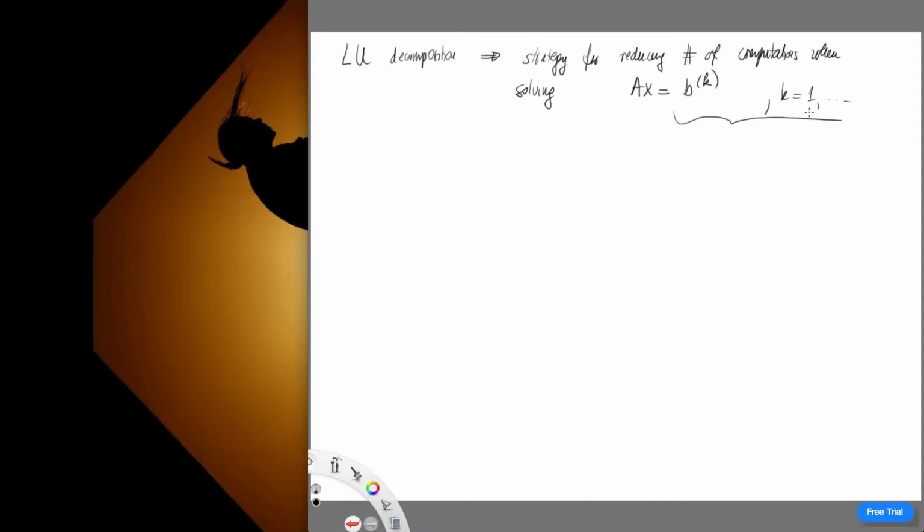So basically, all I am changing here is the right-hand side. A remains the same.